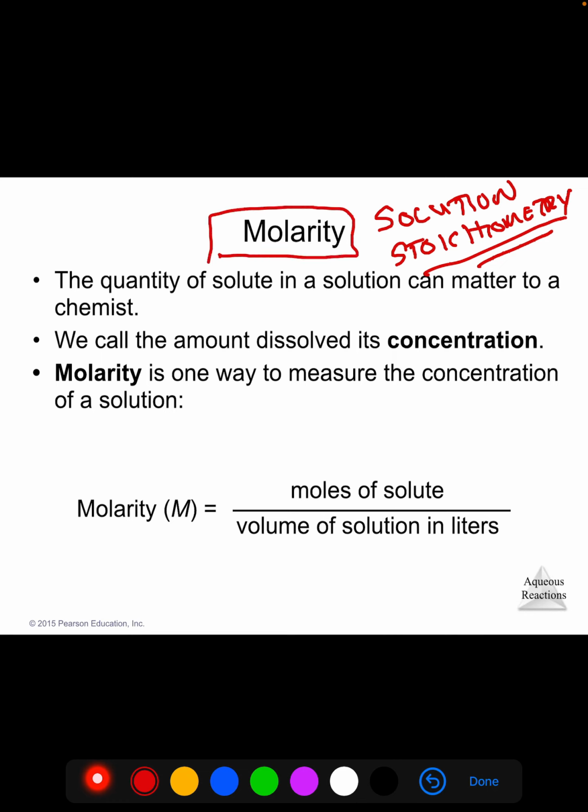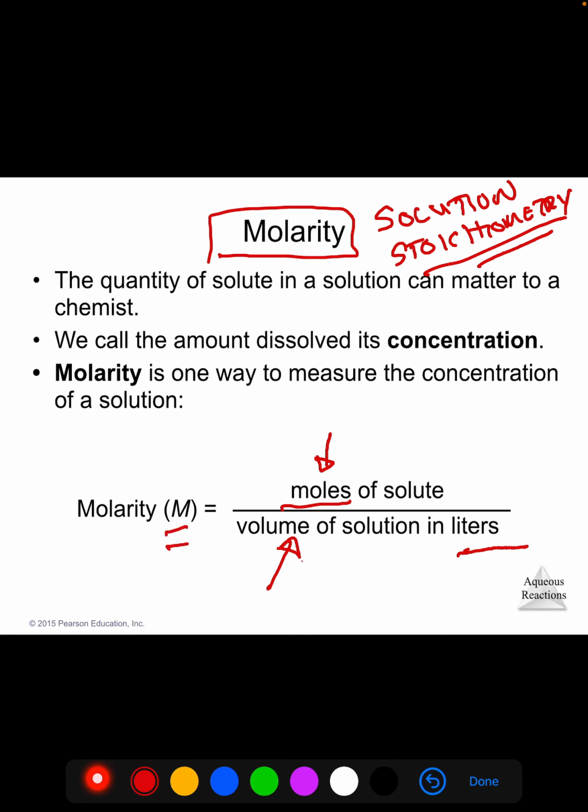And molarity is the number of moles in a given volume, typically moles and liters. That's not always useful, especially in my field, so we have terms like millimolar and micromolar. But molarity is abbreviated big M.